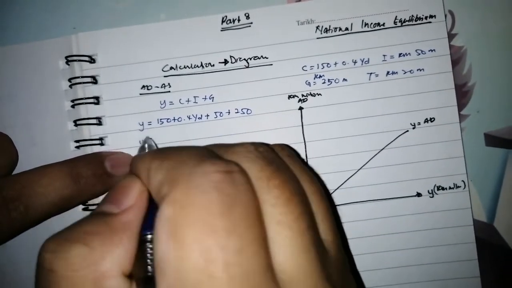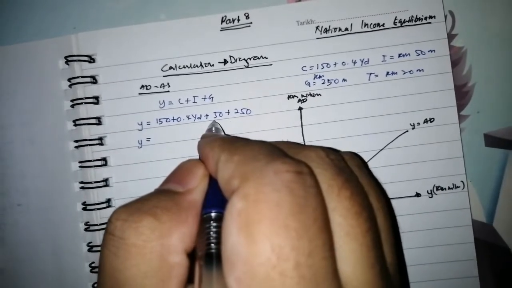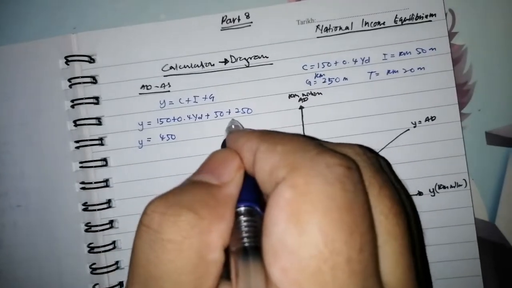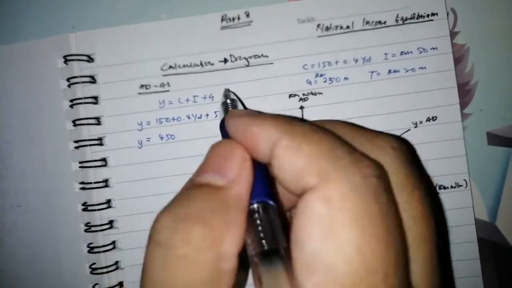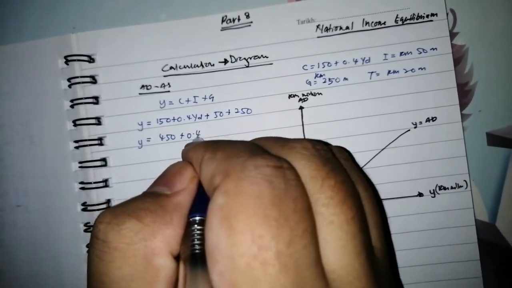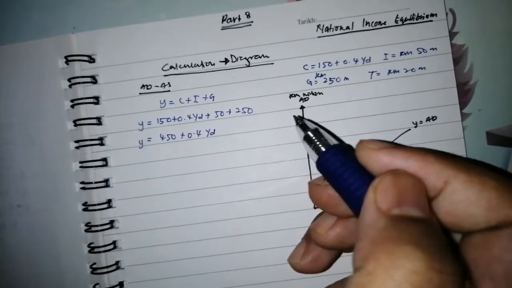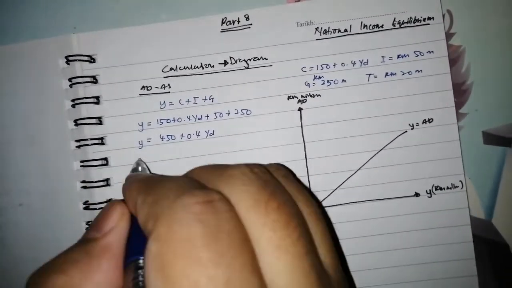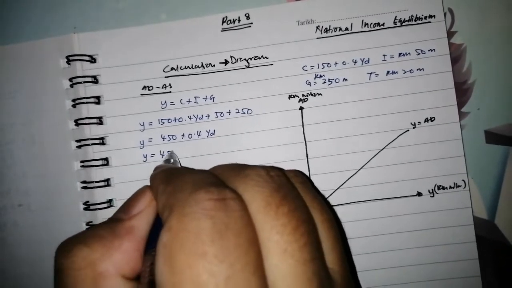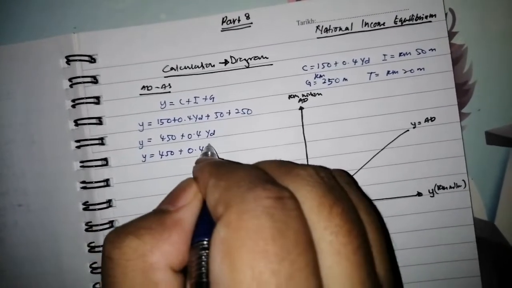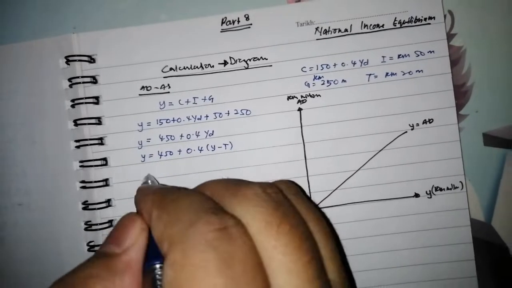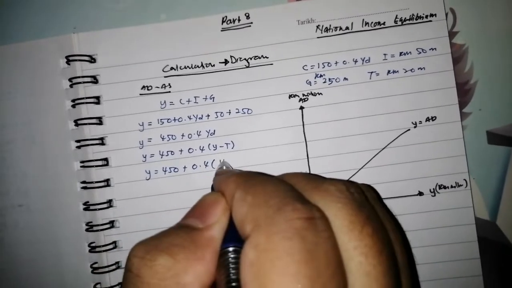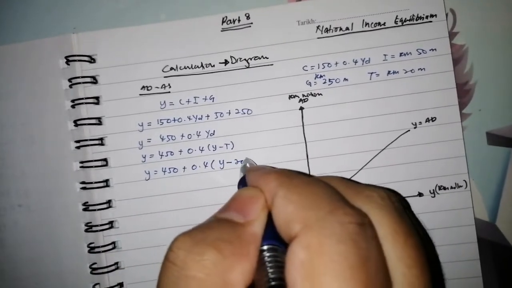So Y equal 300, 450, right? Okay, 150 plus 0.4 YD. Then YD, we need to change YD into Y minus T. Y equal to 450 plus 0.4 Y minus tax, tax equal to 20.